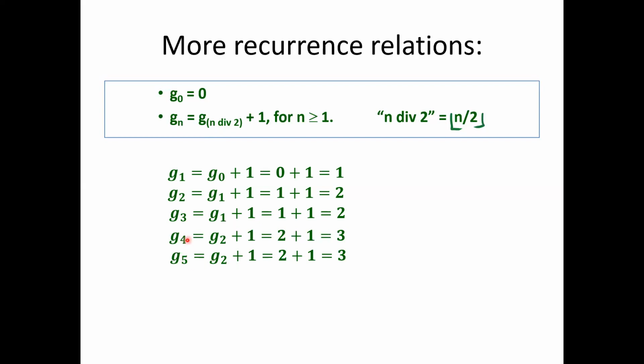If an even integer is divided by 2 and floored, it's the same as that integer plus 1 divided by 2 and floored. So these pairs of values, G2, G3, and G4, G5, will always be the same. So it's G2 plus 1. G2 is 2, so these are equal to 3. But the next two are also equal to 3, because 6 over 2 is 3, and G3 was 2.